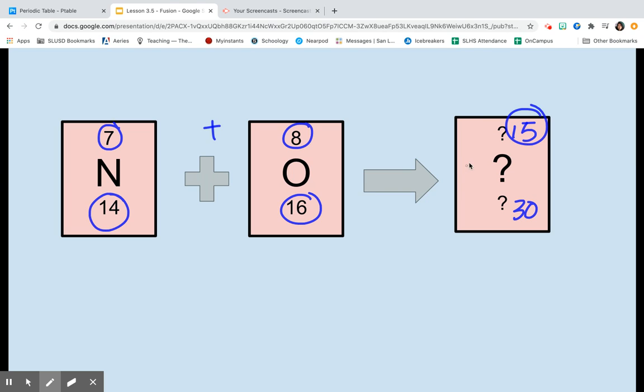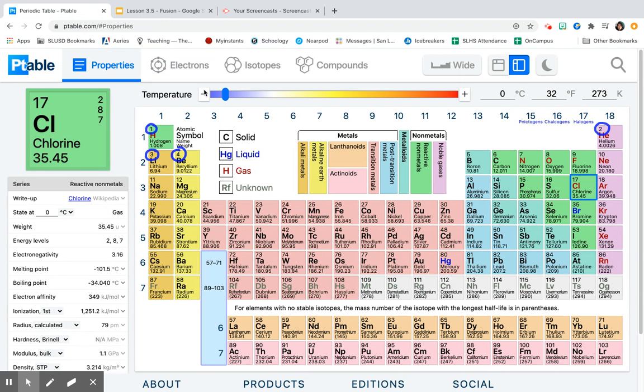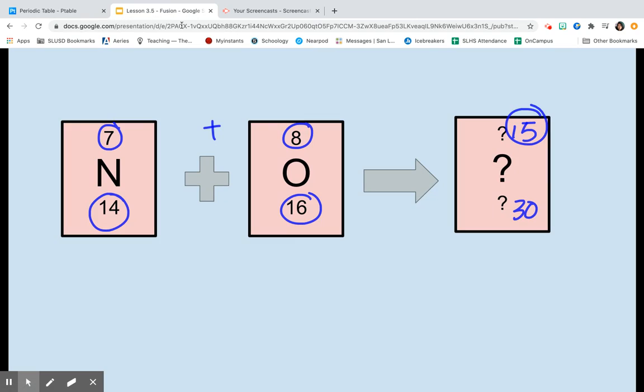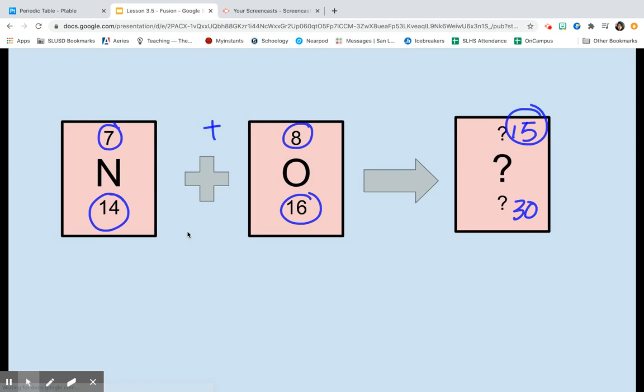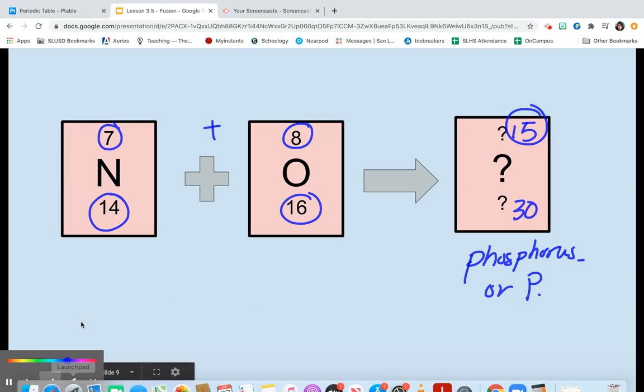I'm going to use this top number and check my periodic table to figure out what element I have. So top number 15 is going to be P, or phosphorus. So this one's going to be phosphorus, or P. You can just write the symbol for short either way.